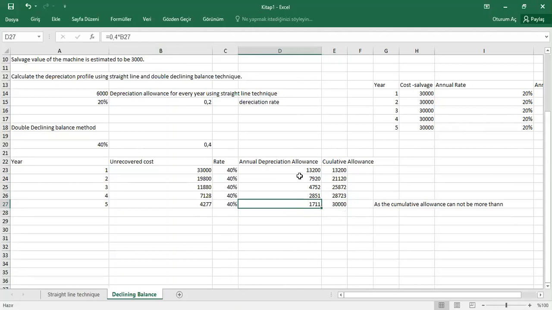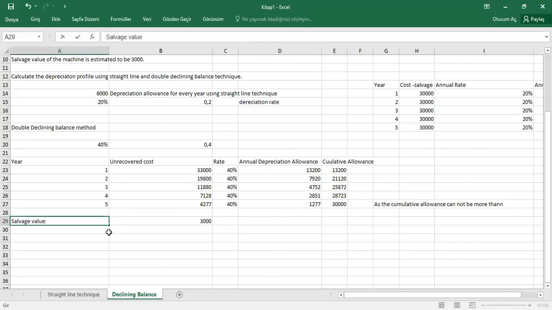So the annual depreciation allowance for the last year should be 1,277, so that this minus this will be a kind of like $3,000 of salvage value for me, right? So this is your salvage value, let me say.